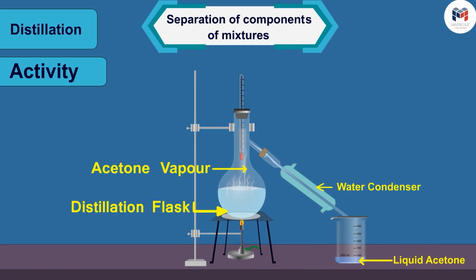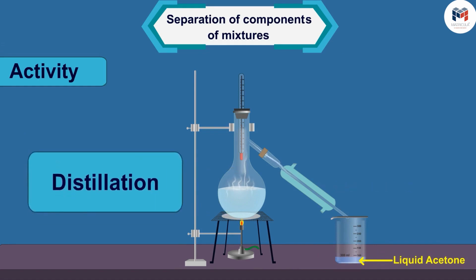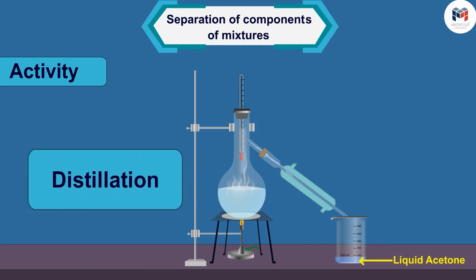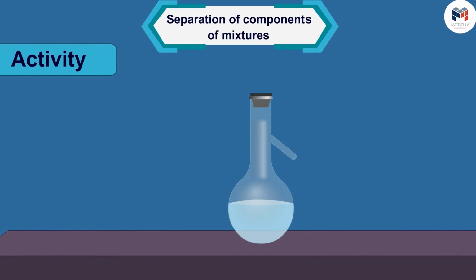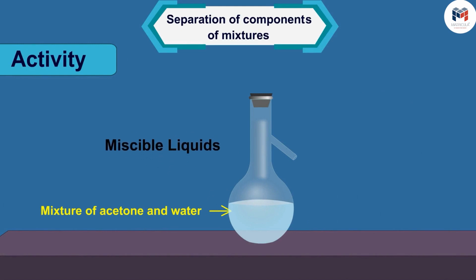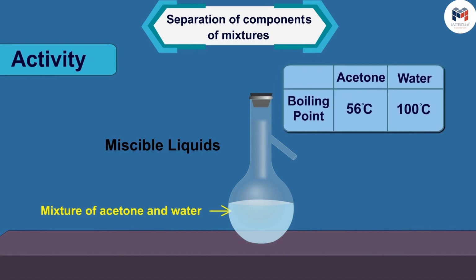In this way, we can separate the mixture of acetone and water by distillation. This was possible because a mixture of acetone and water is a mixture of two miscible liquids that boil without decomposition and have sufficient difference in their boiling points, between 56 degrees Celsius and 100 degrees Celsius.